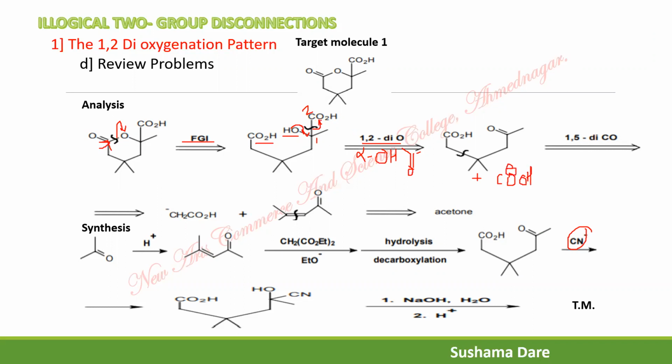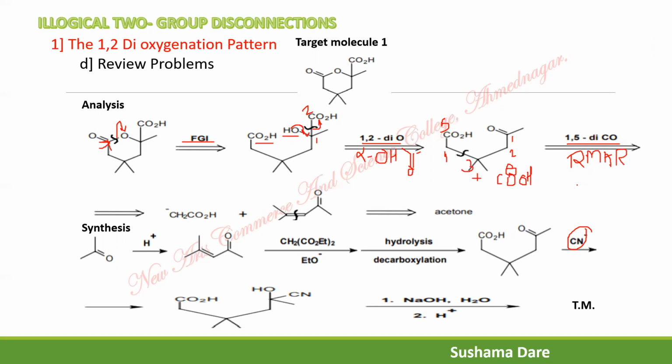Now, which next relation is over here? It is 1, 2, 3, 4 and 5. So this is a 1,5 dicarbonyl compound. Whenever a 1,5 dicarbonyl compound is there, the best reaction is the retro-Michael addition reaction. So you write down on the arrow Michael addition reaction.